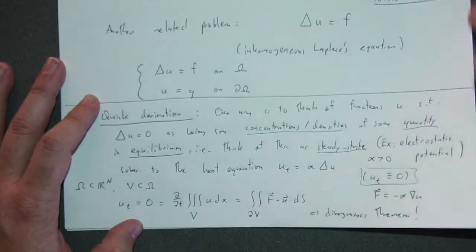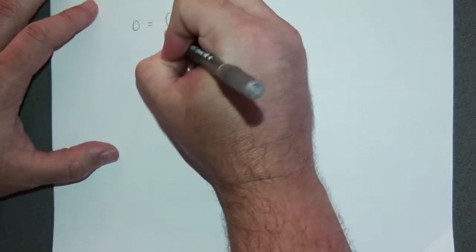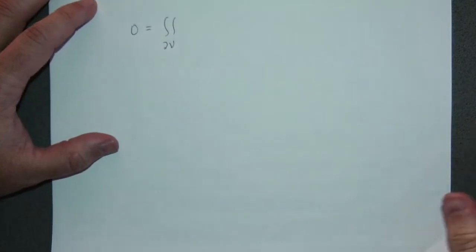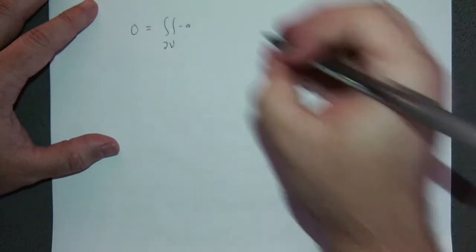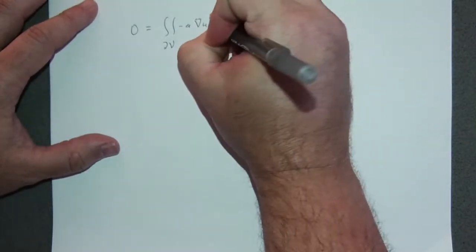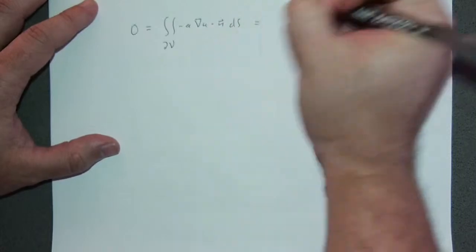And when I use the divergence theorem, what do I get? I get that 0 is equal to this integral over the boundary of V of that minus alpha nabla u dot n, right, dS.